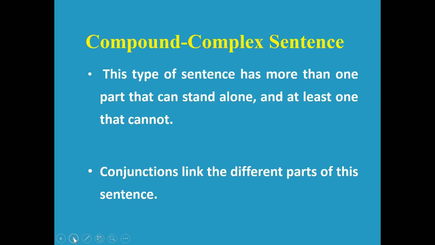This type of sentence has more than one part that can stand alone and at least one that cannot. Conjunctions link the different parts of the sentence. So, a compound complex sentence has more than one part that can stand alone.